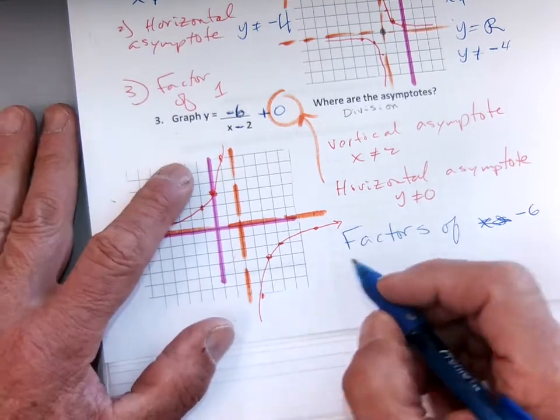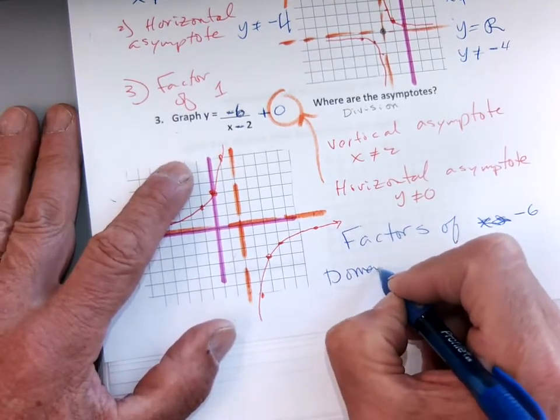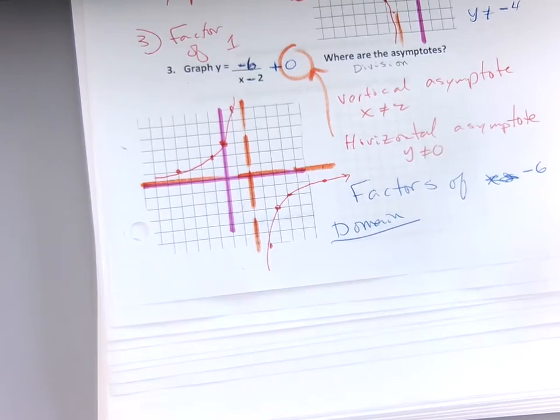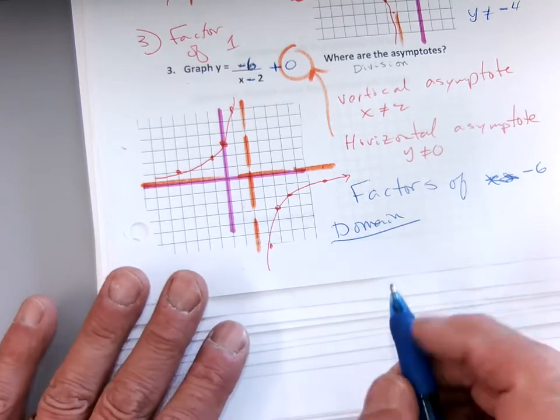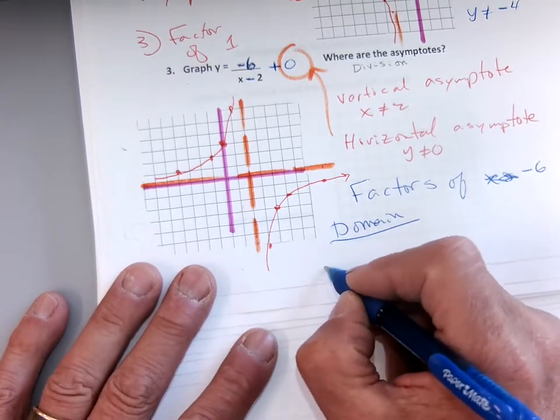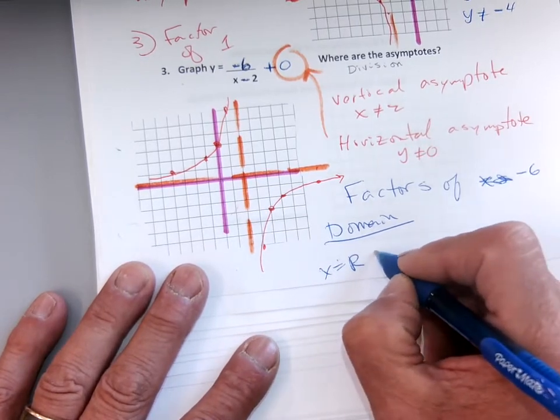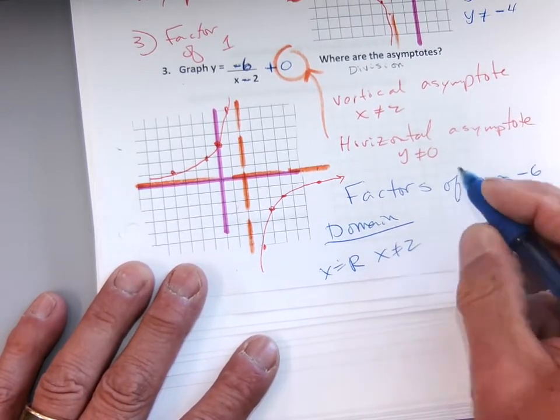Domain? Tell me what the domain is, you guys. All real numbers except 2. Except 2, correct. X cannot equal 2.